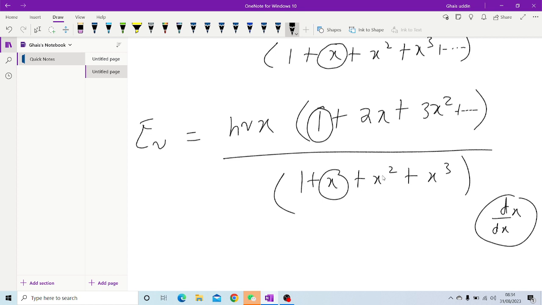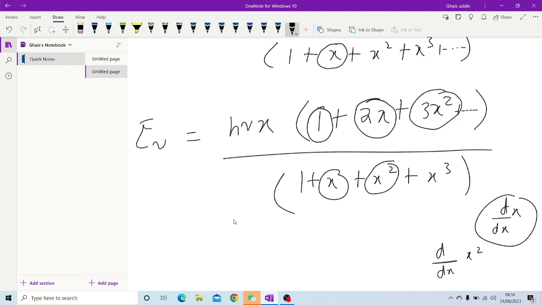And if we look at the derivative of x square, we know that d divided by dx of x square is 2x. And if we look at the derivative of x cube, power 3, the derivative of x cube is 3x square. It means that this is the derivative of this expression.